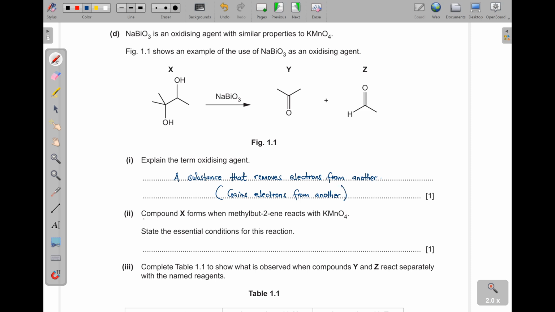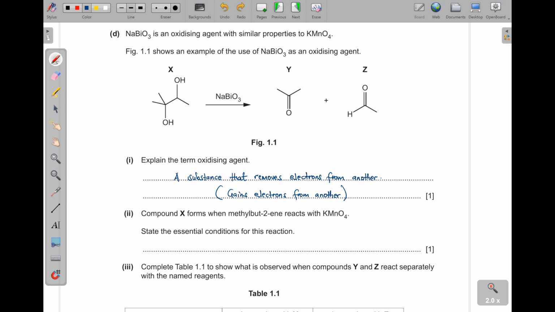Then Roman 2, compound X forms when methylbut-2-ene reacts with potassium permanganate. State the essential conditions of this reaction. Now we can see that this is a diol.